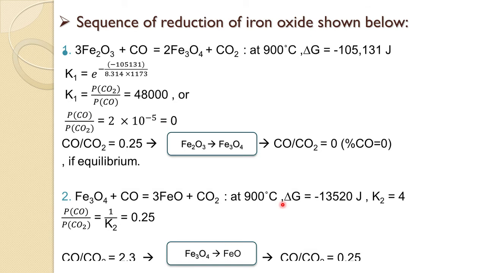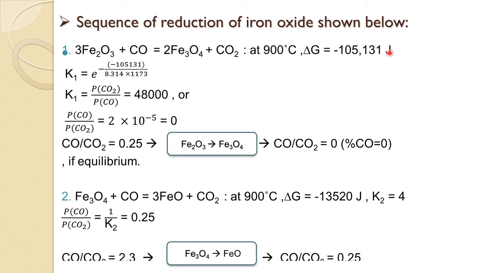Now, the sequence of reduction which occurs with some calculation, we will show how much utilization of CO can happen. So, from hematite to magnetite at 900 degrees Celsius, your free energy is about 105,131 joule.